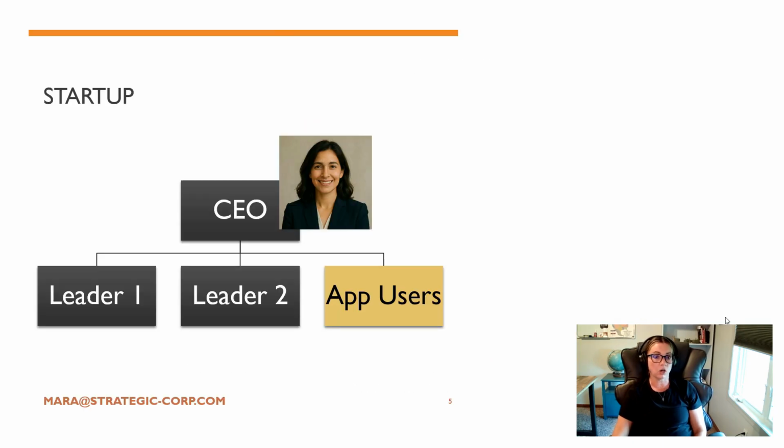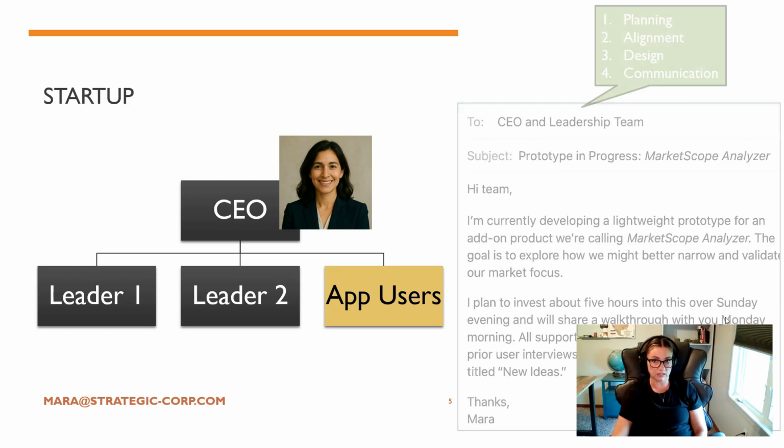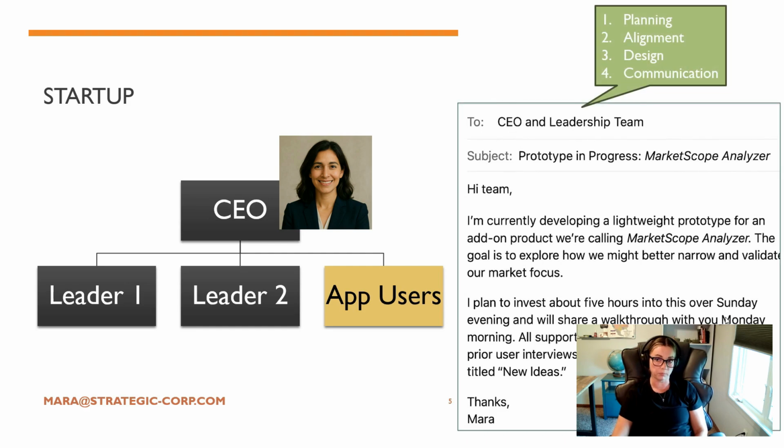Let's look at a CEO. A startup might have a CEO, might have a layer of leadership below her, and potentially some application users. So in order to communicate out to your entire organization when you're at a startup, it is very easy to tell them that you are planning to do an AI-enabled application.